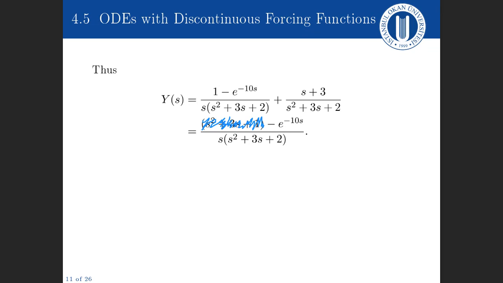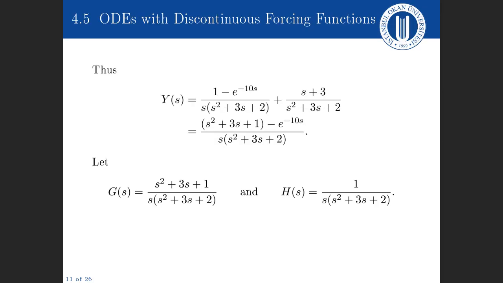Let's use the trick that we did in the previous example. Anytime we see an exponential function, just replace it by the number 1. The second function we're going to be looking at is 1 divided by s squared plus 3s plus 2. To be more precise, let's define capital G and capital H like this.